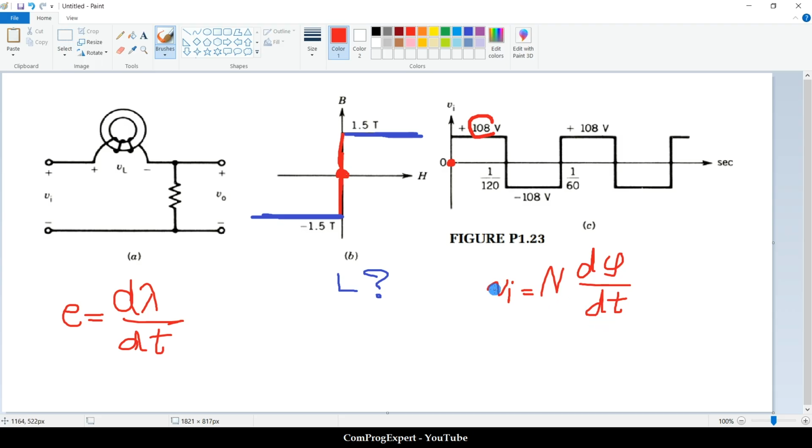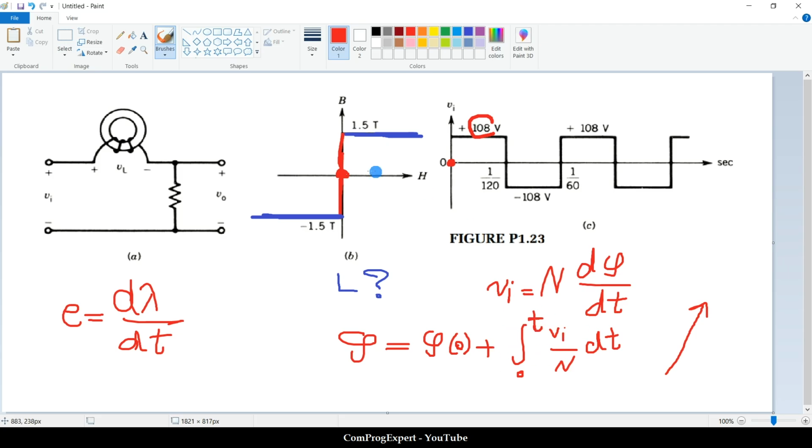So in this case that we applied a constant voltage, if we calculate phi considering the previous problem, we have phi 0 plus the integral from 0 to t of vi divided by n dt. Okay, so the value of the flux rises depending on how much time has passed from 0.